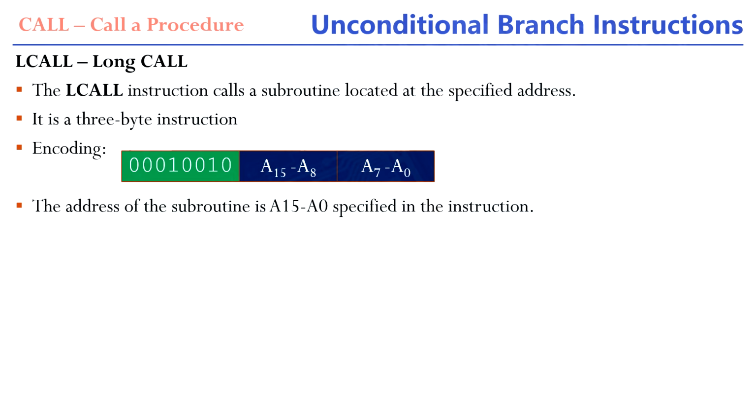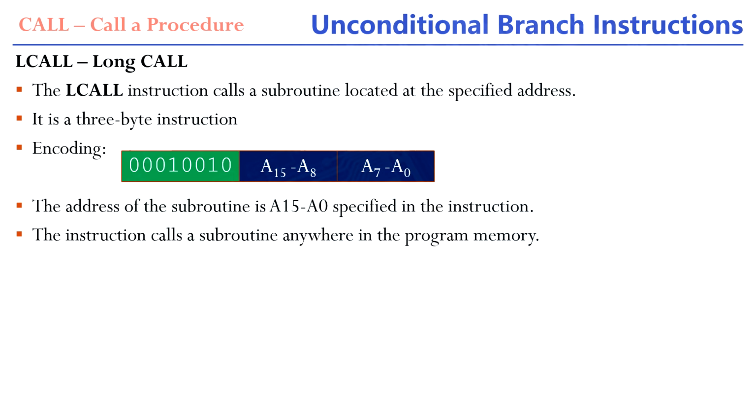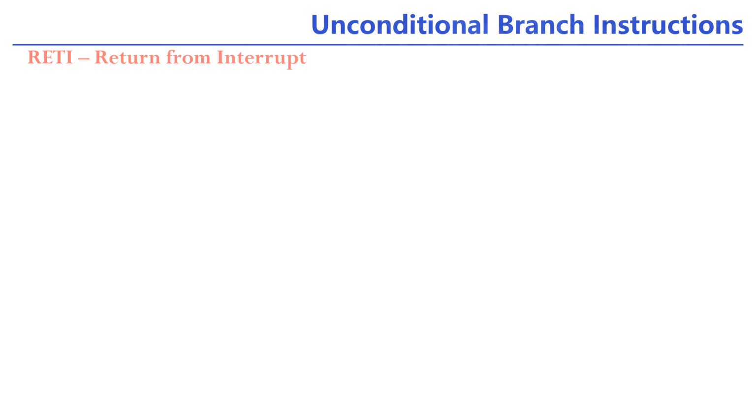The address of this subroutine is represented with A0 to A15 in the instruction. The instruction calls a subroutine anywhere in the program memory. The example is LCALL delay.